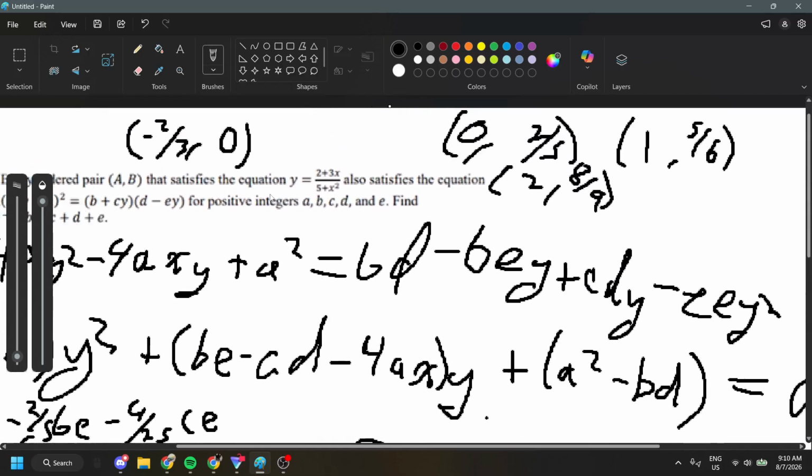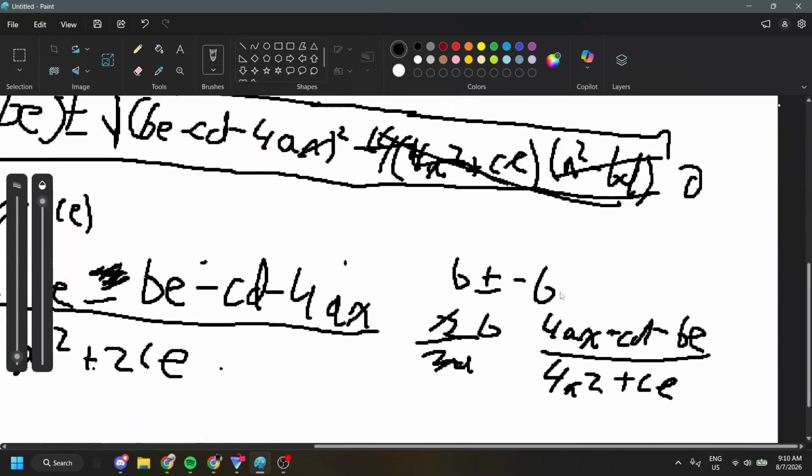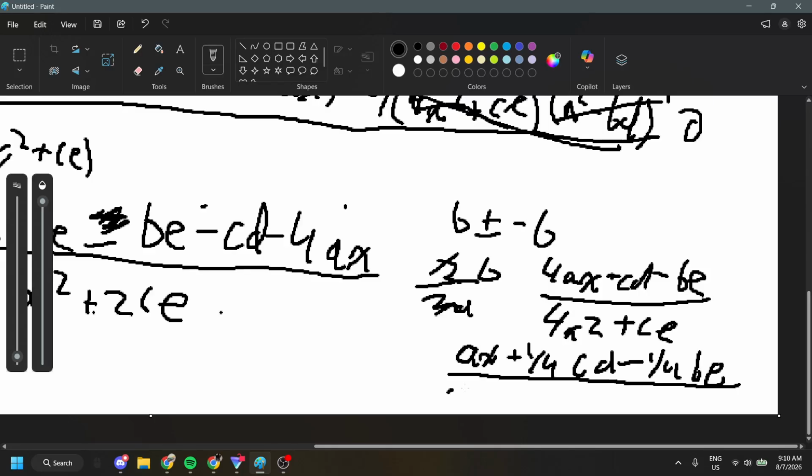Okay, so x squared needs to be just singular, so divide everything by 4. We get AX plus 1/4 CD minus 1/4 BE over x squared plus 1/4 CE.